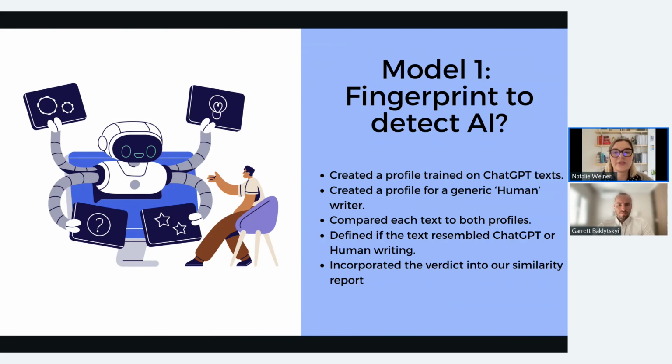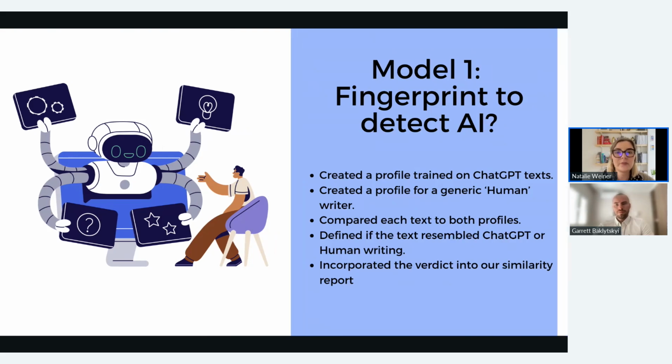Now we could compare each new text with these two profiles and find out which style pattern the text resembled more. For example, if it was more similar to AI, then it would probably be AI text, or it could be a human text if it is similar to the human profile. And then we incorporated this result into a similarity report.